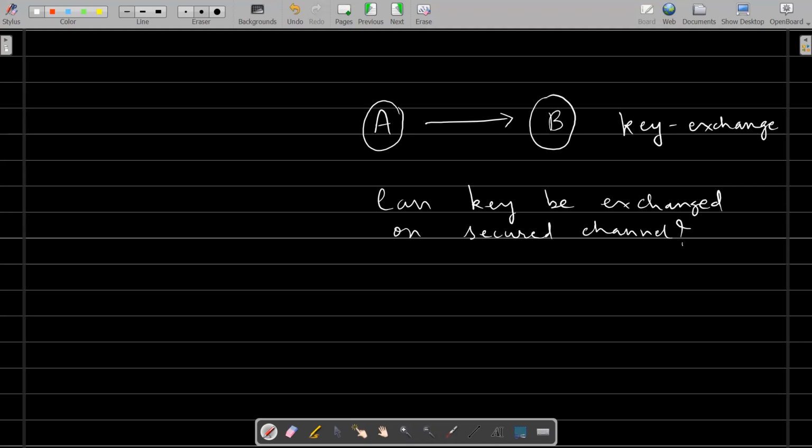Sir, we can mail it or something. Yeah, but even mails, someone can hack. Can it be exchanged in a safe manner? That was the point. And one idea is this.